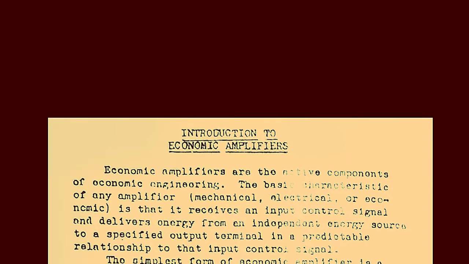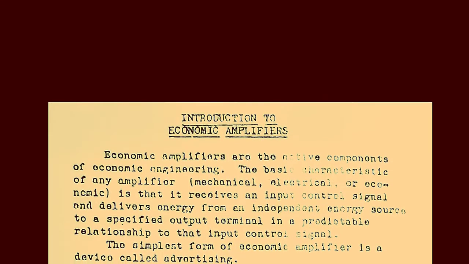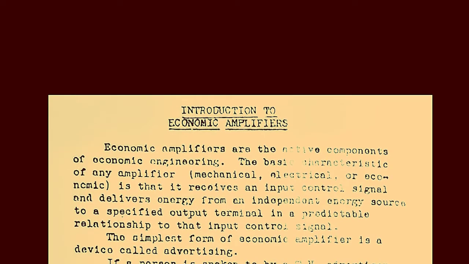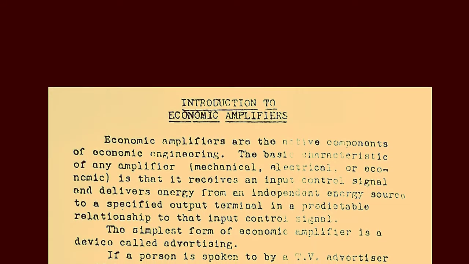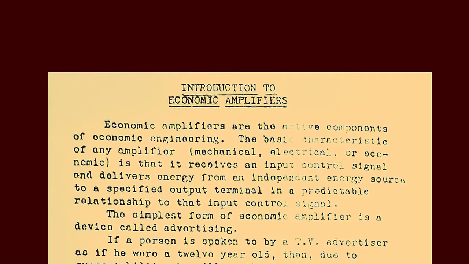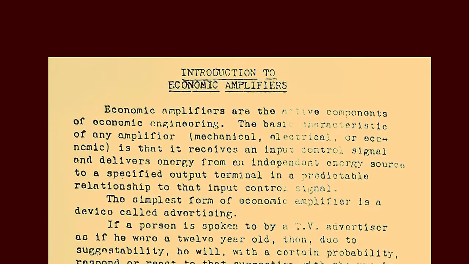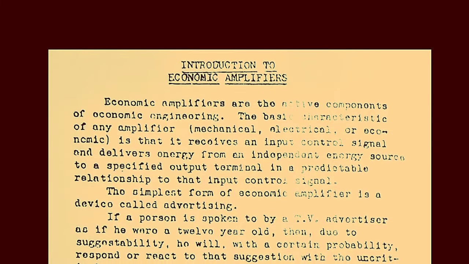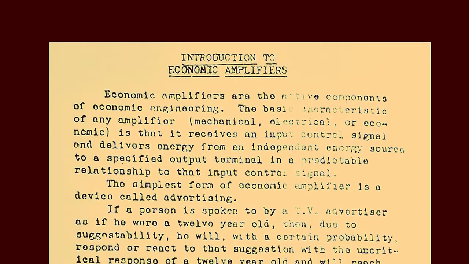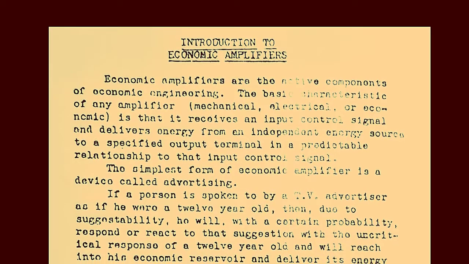Introduction to Economic Amplifiers. Economic amplifiers are the active components of economic engineering. The basic characteristic of any amplifier, mechanical, electrical, or economic, is that it receives an input control signal and delivers energy from an independent energy source to a specified output terminal in a predictable relationship to that input control signal.